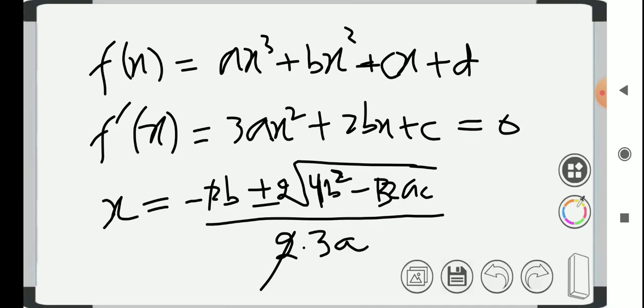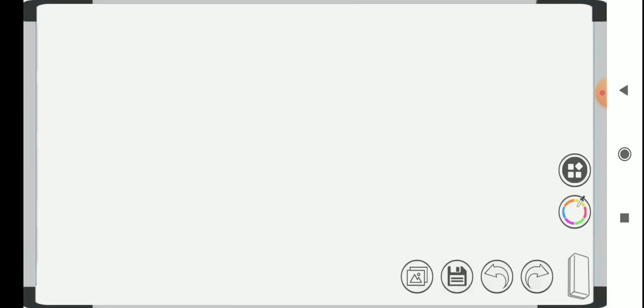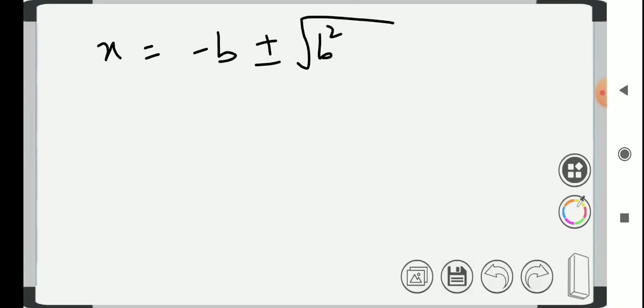So the two values of x are given by x is equal to minus b plus minus under root b square minus 3ac upon 3a.